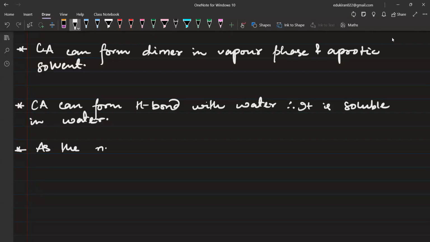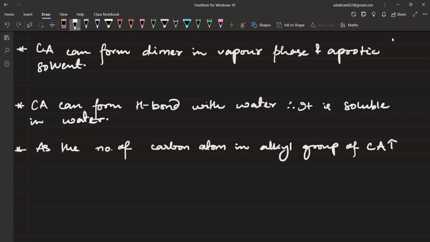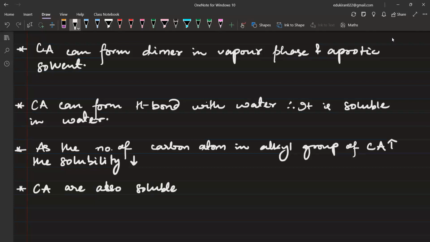As the number of carbon atoms in the alkyl group of carboxylic acid increases, the solubility decreases. Right, next. Carboxylic acids are also soluble in organic solvents.